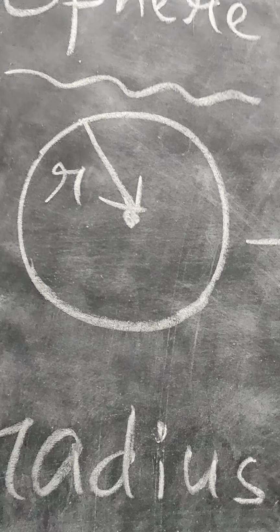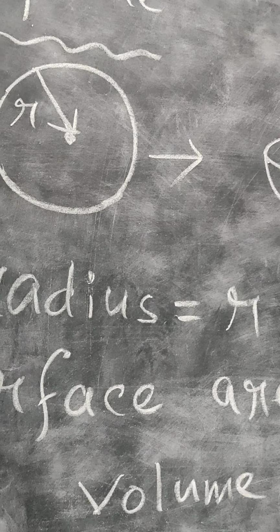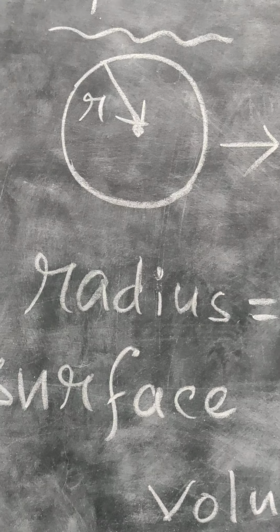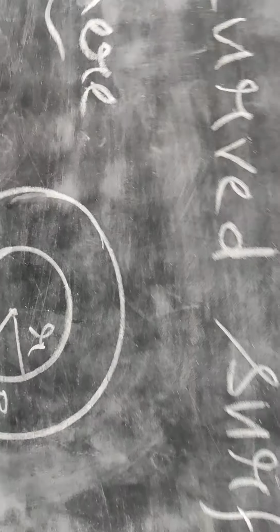Now for a sphere, if the radius is r, what is the curved surface area?